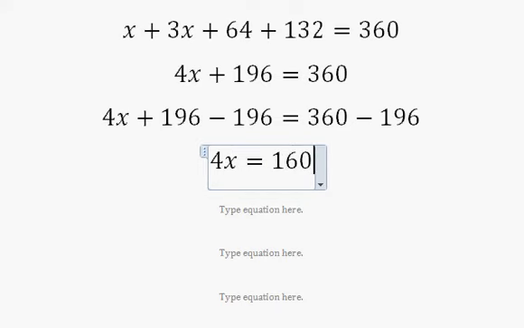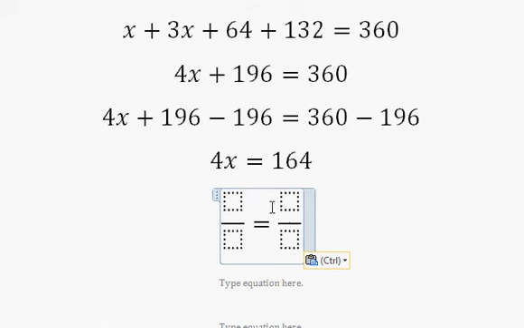And I subtracted 4 too many, so I need to add on an extra 4. So 360 minus 196 is equal to 164. So now we've simplified it even further. We don't know what number x is yet, but we do know that 4 times that number is equal to 164.